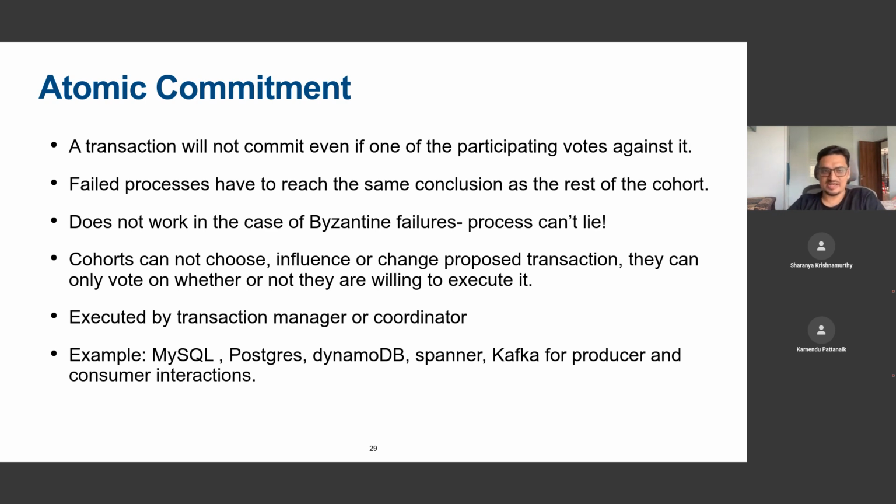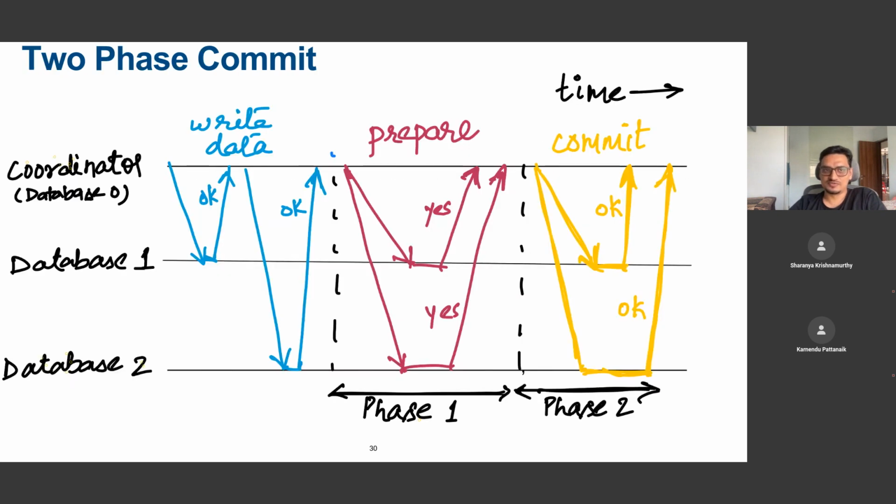And atomic commitment, like I said, is very widely adopted. So MySQL, Postgres, Amazon's DynamoDB, Google's Spanner, even in Kafka, producer consumers, you will see some examples of atomic commitment. If you've not heard of atomic commitment, maybe you would have heard of two-phase commit, right? This is one way to implement atomic commitment.